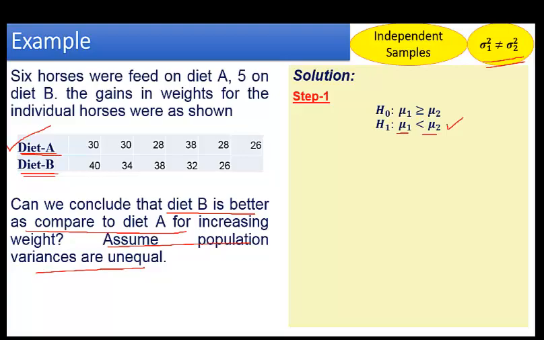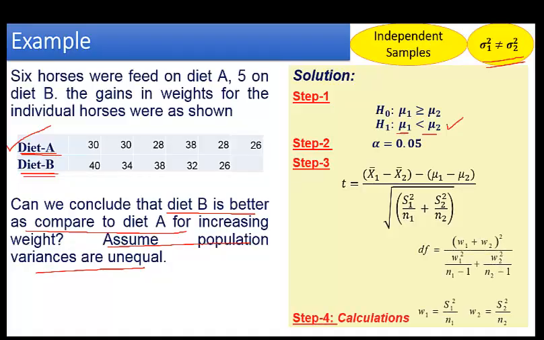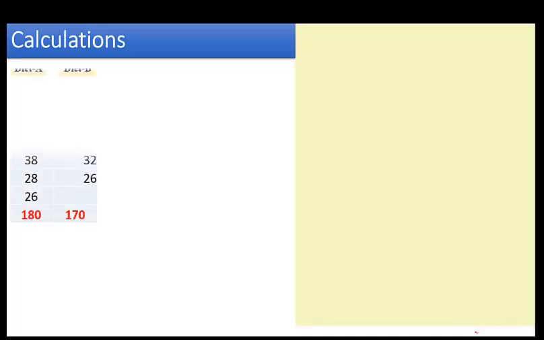That is what we want to test here. Okay, going with alpha 5%, and this is the formula which we are going to use, and I will show you the calculations quickly here. This is the calculation for the degrees of freedom. Okay, here are the calculations needed for this group. Since we have 5 horses for the second diet, one value will be empty here.